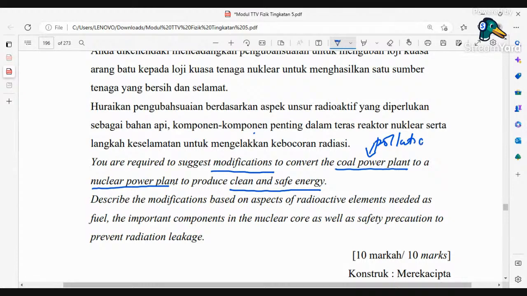Pollution because there's a lot of dust produced and maybe smoke, a lot of smoke that will cause air pollution. So you want to use nuclear power plant which is clean and safe energy. So describe modification aspect needed as fuel, important component in nuclear core, safety precaution to prevent leakage. 10 marks.